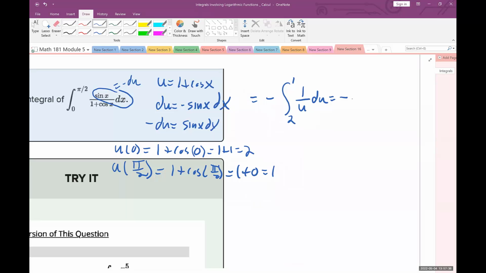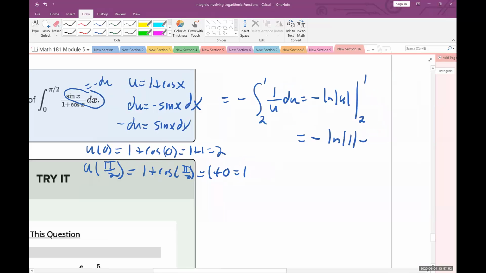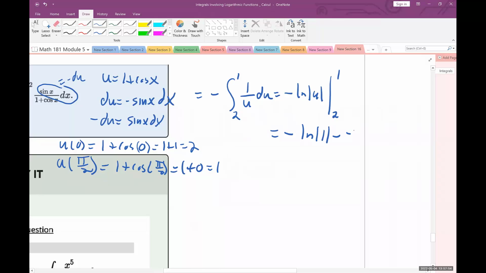The natural log of the absolute value of u plus c. Well, no plus c this time, but good, because we have limits. So it's negative natural log of the absolute value of 1 minus a negative natural log of the absolute value of 2.